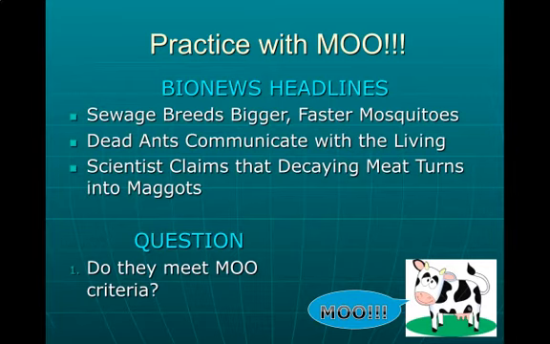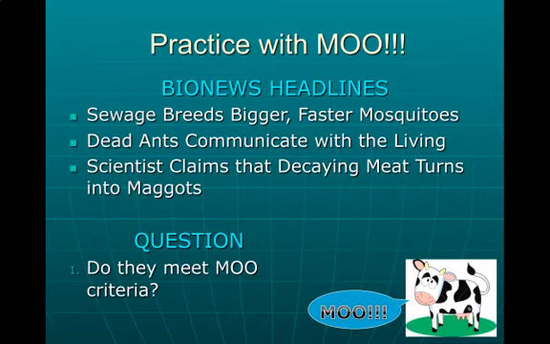Are you able to look at mosquitoes before and after being exposed to sewage? And objective, is it fact-based or is it all based on opinion? You can actually find real measurements of each of these items, and so it is an objective hypothesis. So yes, this meets the moo criteria.